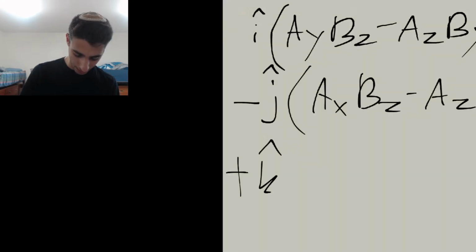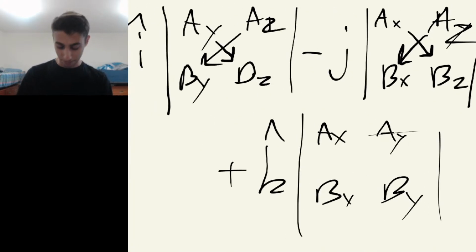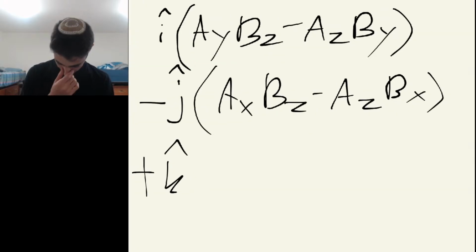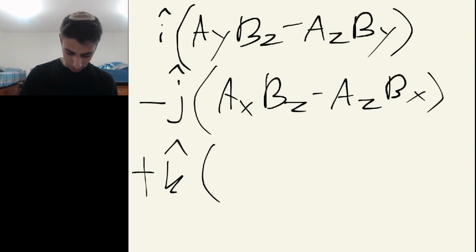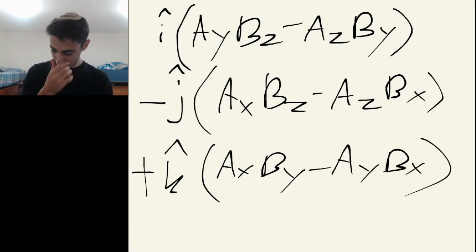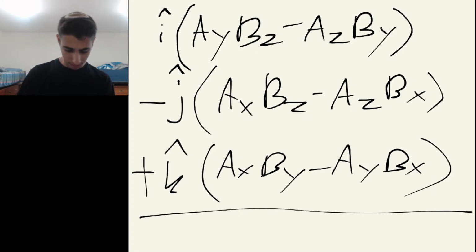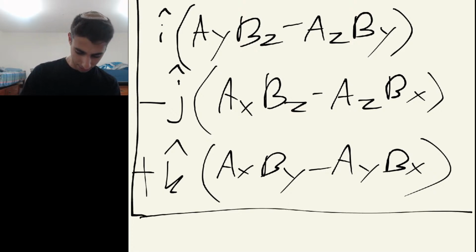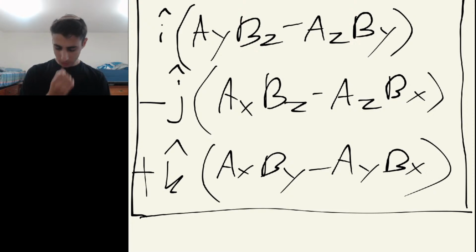The reason why it's plus k hat is because over here we have a plus k. Why do we have a plus k hat? I don't know, but that is the thing. And then k is the z, right? So it's going to be ax by minus ay bx. Great. If you solve all of this, this gives you the cross product vector. So that is the cross product.